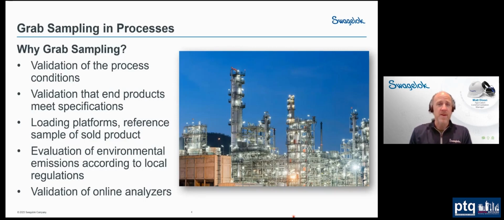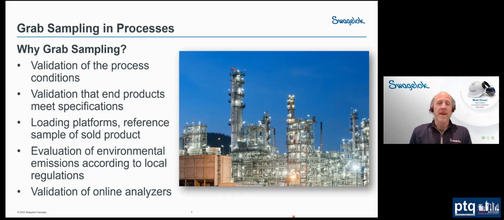Environmental regulations. I think we all know that environmental regulations only tend to go in one direction, and that's more and more strict. So as those regulations come into play, we need to evaluate our waste streams to make sure they meet those regulations, whether it's discharging to the water system or going out the smokestack. We need to analyze that to make sure.